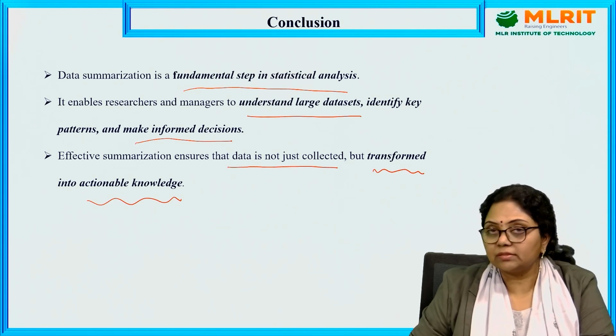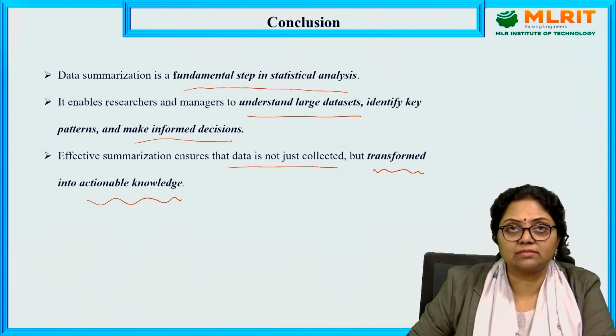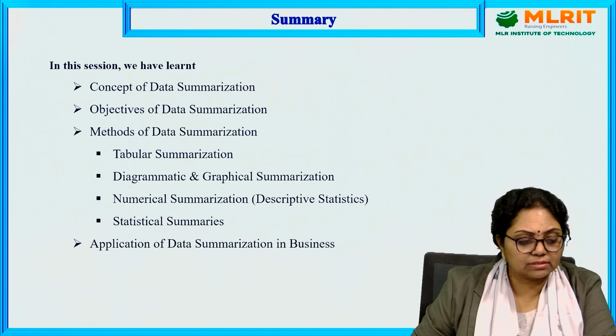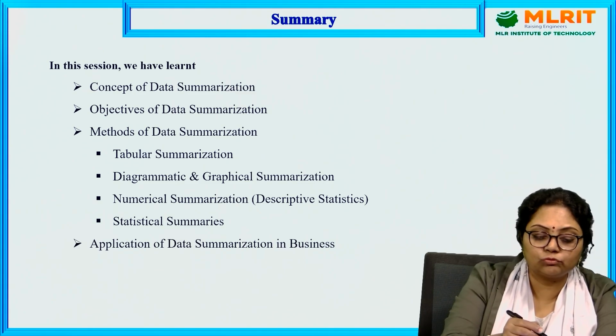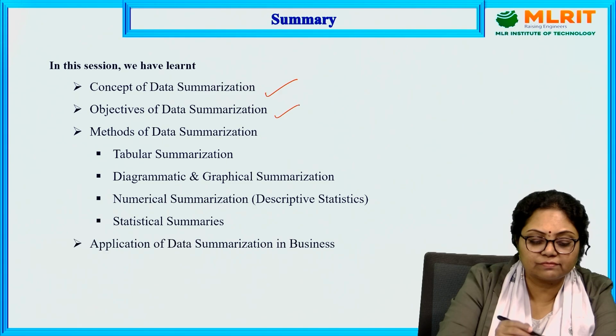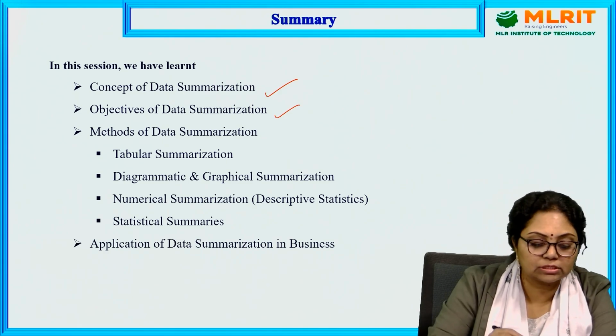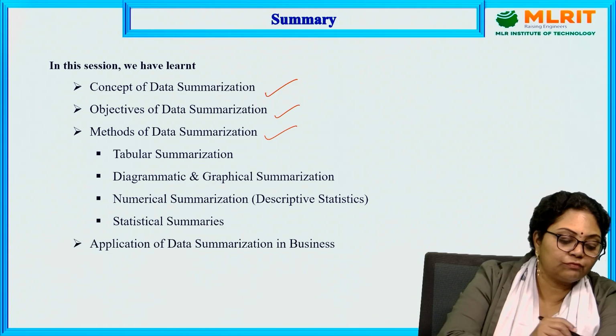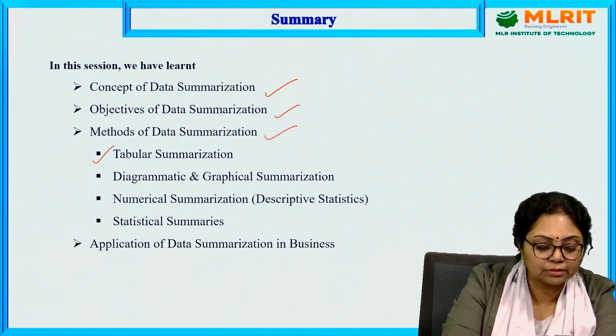So these are the things in today's session. Let us see the summary part. In today's session, we have gone through the concept, objectives and methods of data summarization, in which we have four varieties. One is the tabular method.